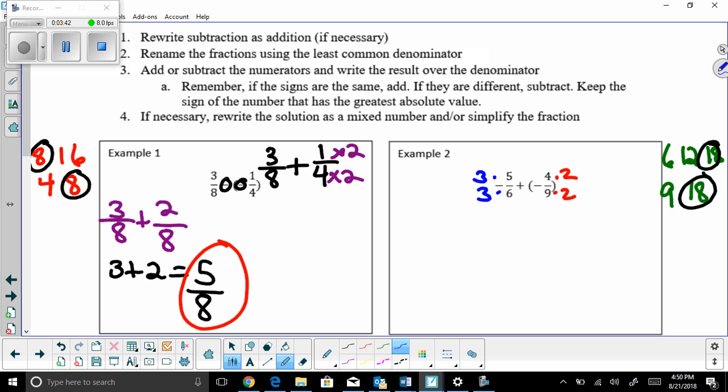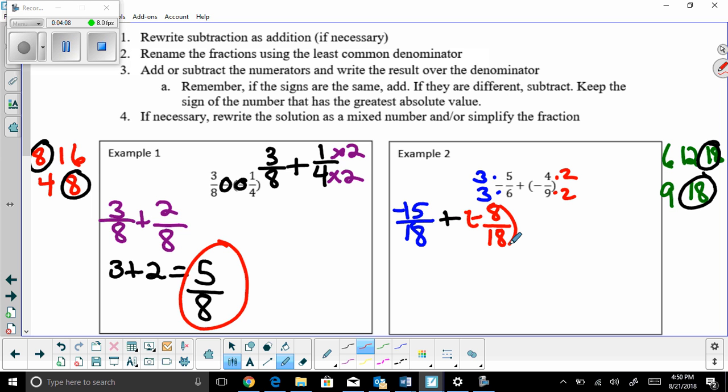So again, that was negative 15/18, plus 4 times 2 gives me 8, and it was negative, so I have to make sure I keep that negative 8/18. All right, now I need to determine if I need to add or subtract.